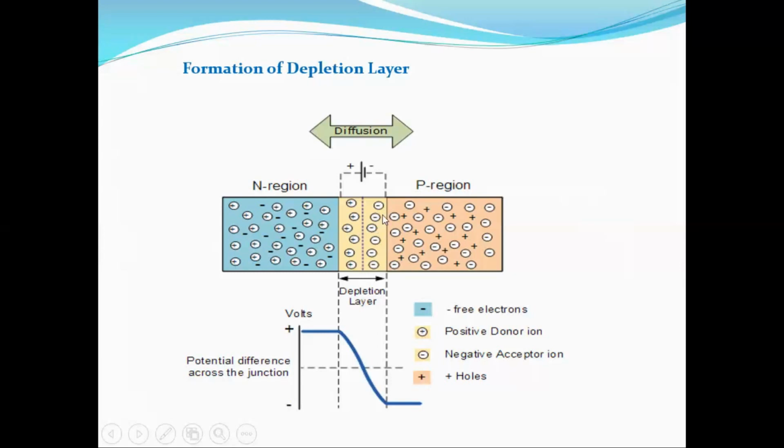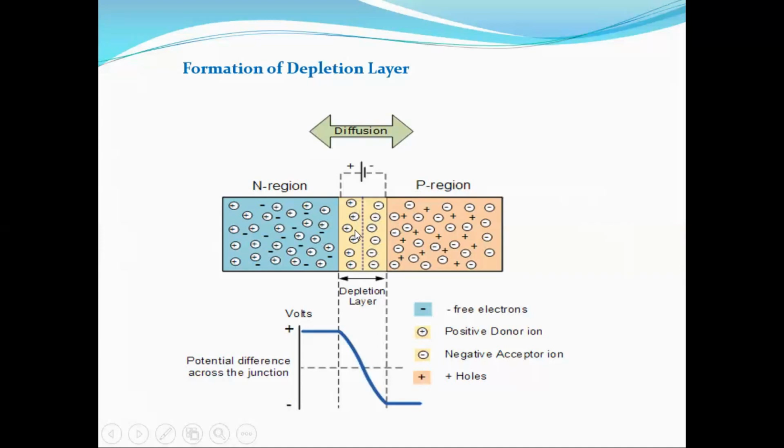It leaves behind negative ions on this side. Similarly, when the electrons leave the n region, they leave behind positive ions. So on either side of the junction, we have positive ions towards the n region, and negative ions accumulating towards the p region.